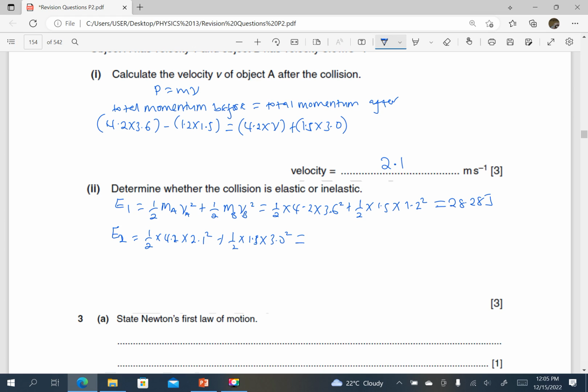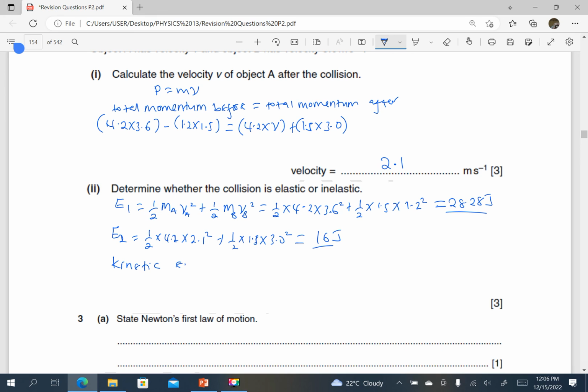So that is 4.2 times 2.1 squared plus 1.5 times 3 squared. So this is giving me 16 joules. So kinetic energy, you see that the values are not the same, so kinetic energy is not conserved.